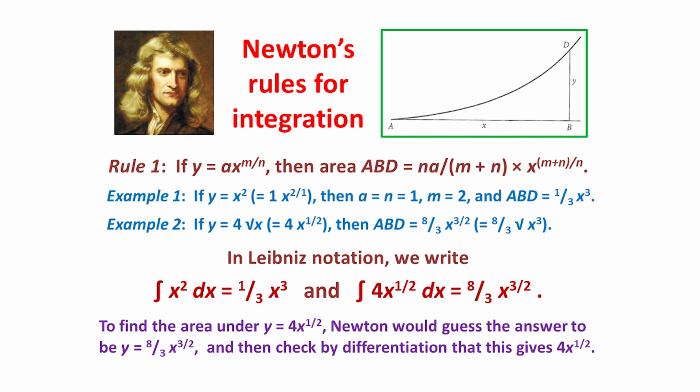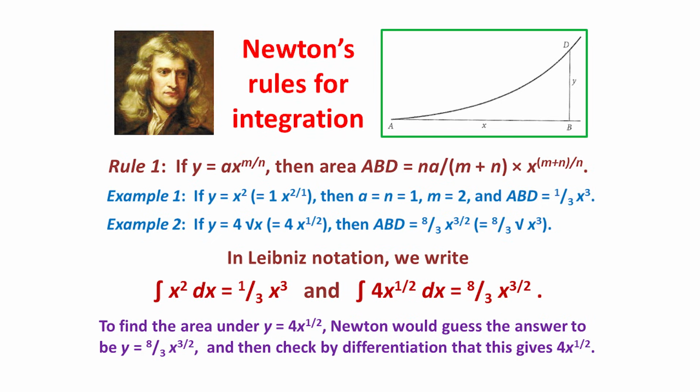He then gave some examples, such as if y equals x squared, which is 1 times x to the 2 over 1, then a and n are both 1 and m is 2, and we get 1/3 times x cubed. And if y equals 4 times the square root of x, or 4x to the 1/2, then the area is 8 over 3 times x to the 3 over 2, or 8 over 3 times the square root of x cubed.